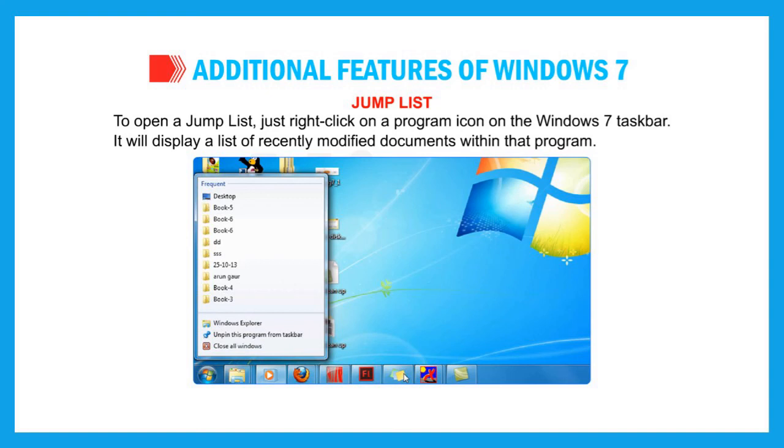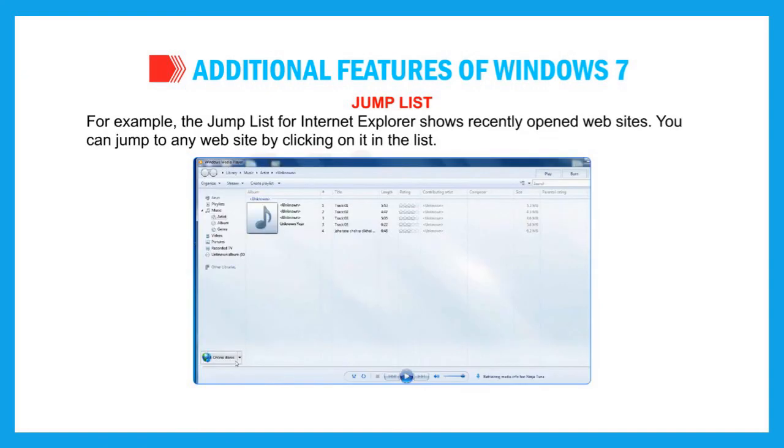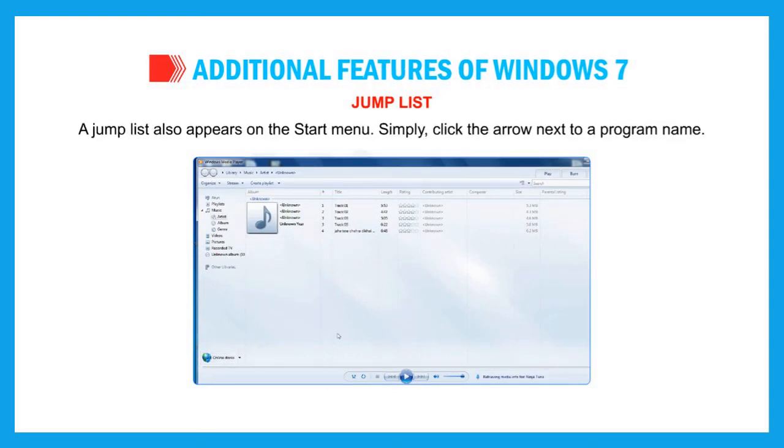It will display a list of recently modified documents within that program. For example, the jump list for Internet Explorer shows recently opened websites. You can jump to any website by clicking on it in the list. A jump list also appears on the Start menu. Simply click the arrow next to a program name.